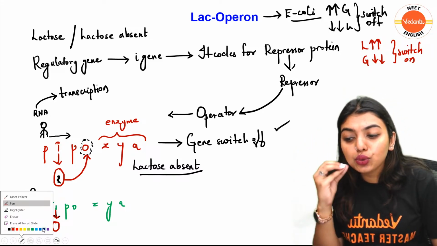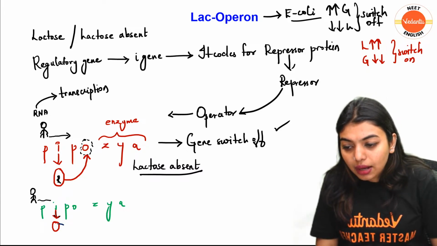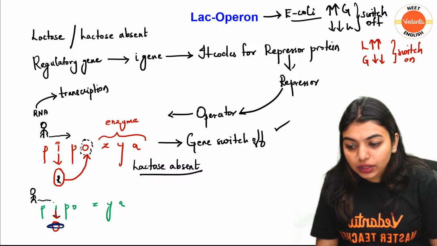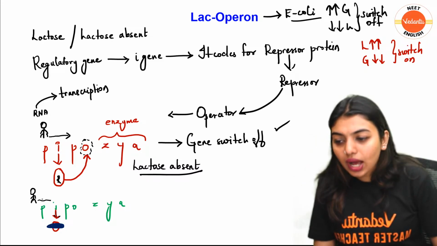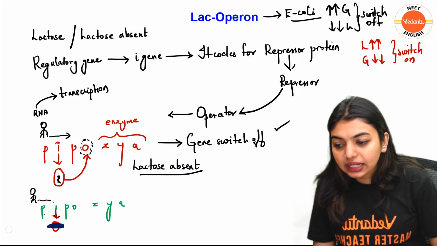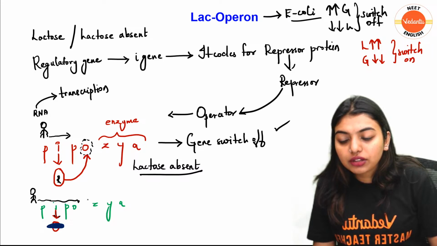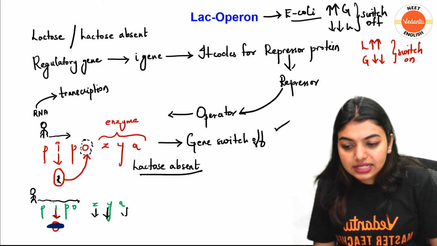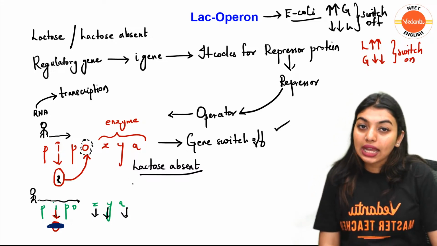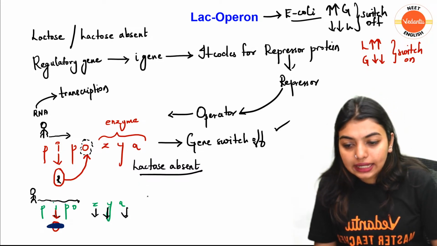Lactose, or your inducer according to your NCERT, will come and bind with the repressor protein, not allowing the repressor protein to bind with the operator. Now RNA polymerase will come happily, do the transcription, and move all the way past the operator, and these three genes will release a set of enzymes which will help in switching on the entire process.